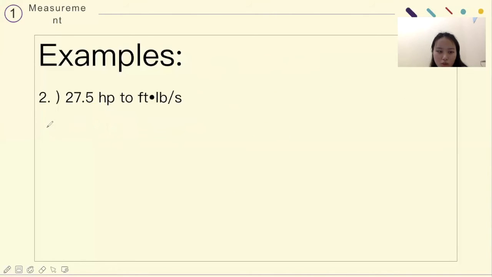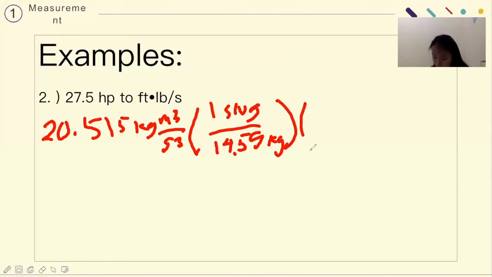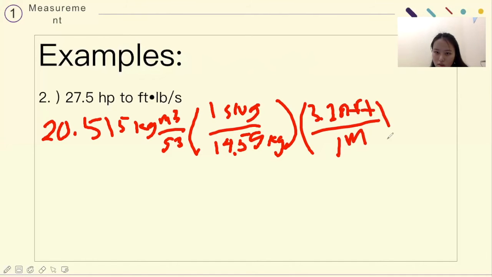So what you're going to do is multiply 20,515 kilogram meter square, multiply to 1 slug over 14.59 kilogram, and then 3.28 feet over 1 meter, and then multiply it to second raised to 2.